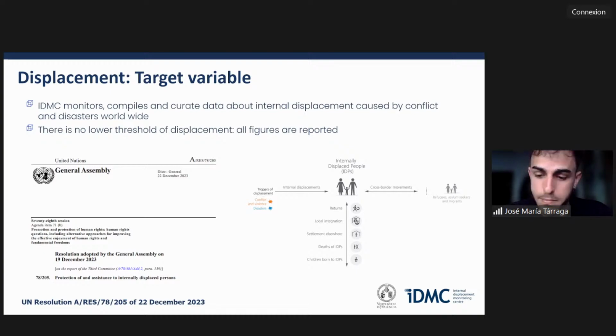It is an organization dedicated to compiling and curating data. They have these monitoring systems and curated data systems that allow us to deploy the highest quality data sets about disaster displacement. And of course, there is no lower threshold on displacement. All figures, from news to humanitarian reports to disaster reports, are reported.